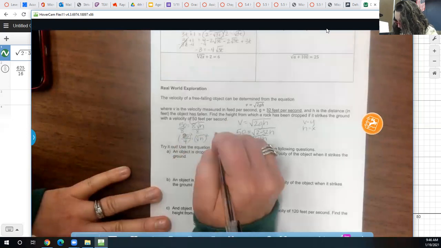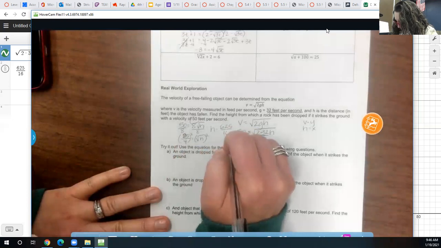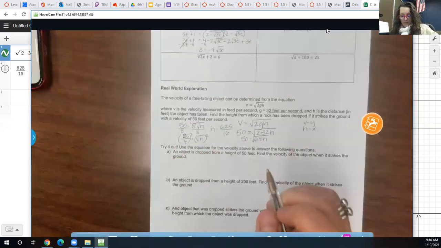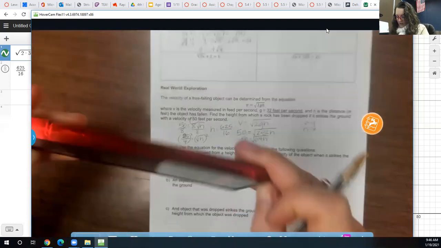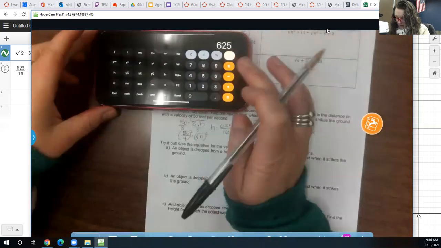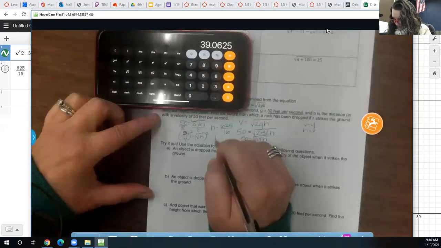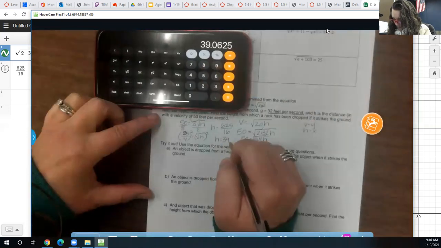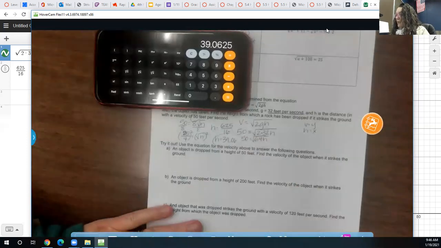So I have h equals 625 divided by 16. What is that number? It's about 39.06. So the height at which the object was dropped was about 39.